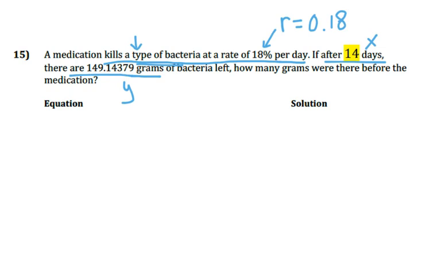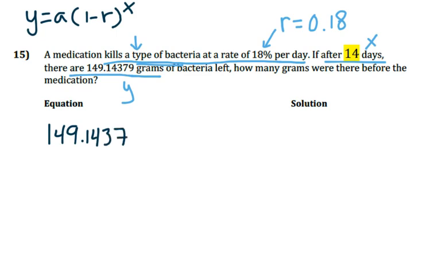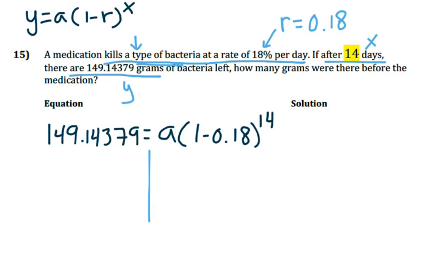So to set up our equation, notice we have a percentage and we're decreasing, so we're going to be using the exponential decay form, which is Y equals A times 1 minus R to the xth power. So we're going to have 149.14379 equals A times 1 minus 0.18 raised to the 14th power. Then we're going to go ahead and solve the equation. And we're doing the same thing each time.